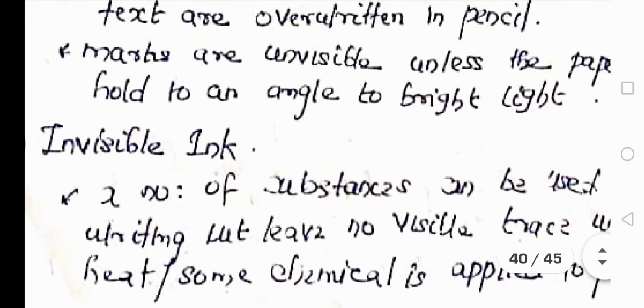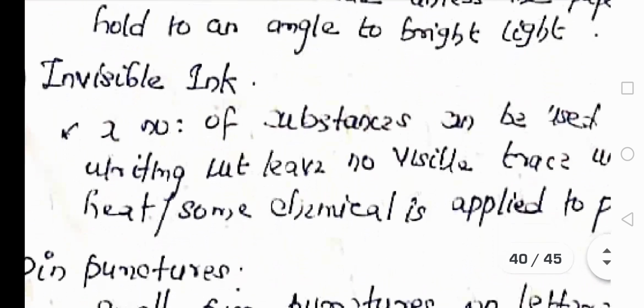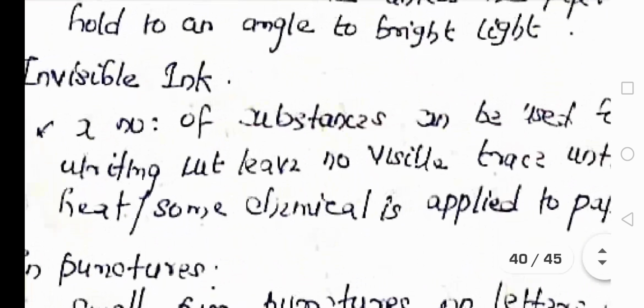The second famous steganographic technique is invisible ink. That means other than using a pencil, some chemical substances or some chemical ink will be applied to the plain text letters.